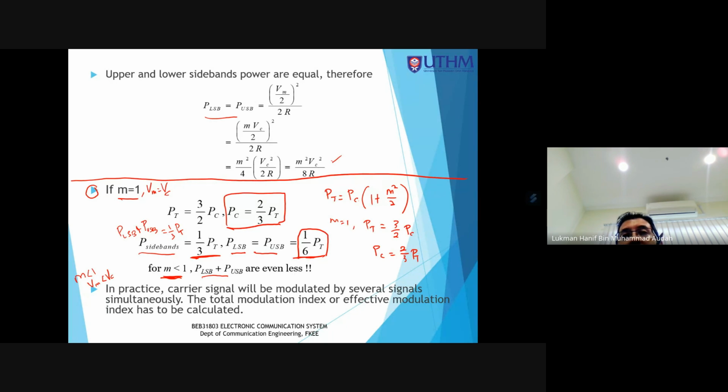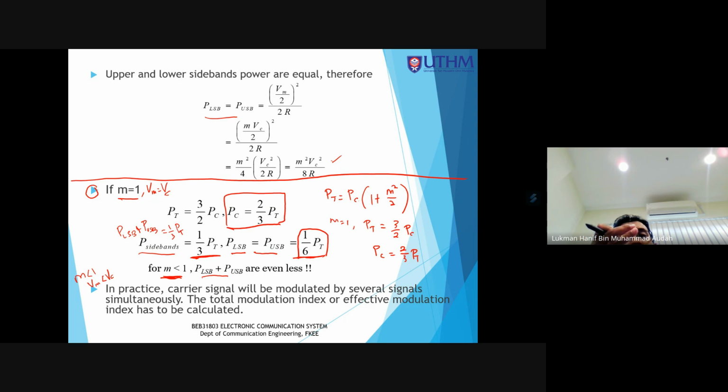And for your information, the higher the power of the sideband, the better for our transmission, because the sideband contains the information. So if you have a high power of sideband, it would be good.